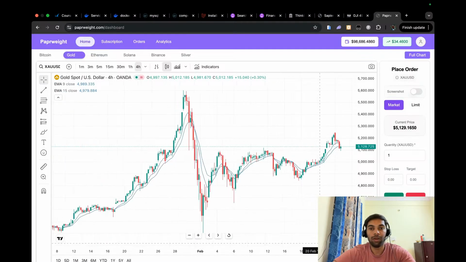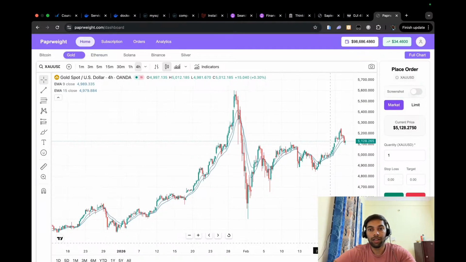At the 4 hour time frame, you can see the market broke this zone, and after breaking this zone, the market went high. Now from here it is reversing.